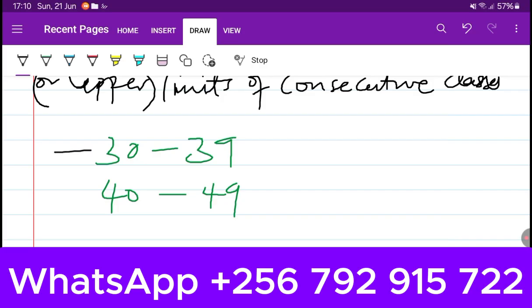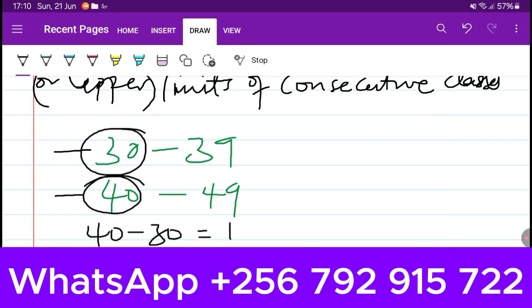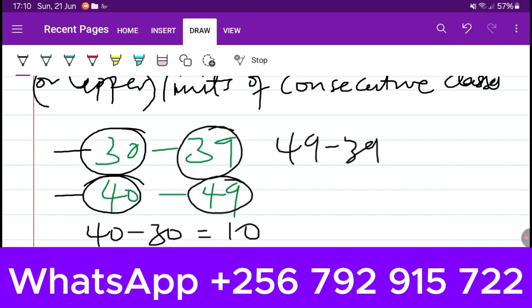This is class A, the consecutive class is this. So this is a lower limit, and this one is a lower limit. So we get 40 minus 30. That gives you a 10. That is the class width. Or it can be the difference between the upper class limit of the consecutive classes. It is this minus this. So it's 49 minus 39. It also gives you a 10. So these are the class width.